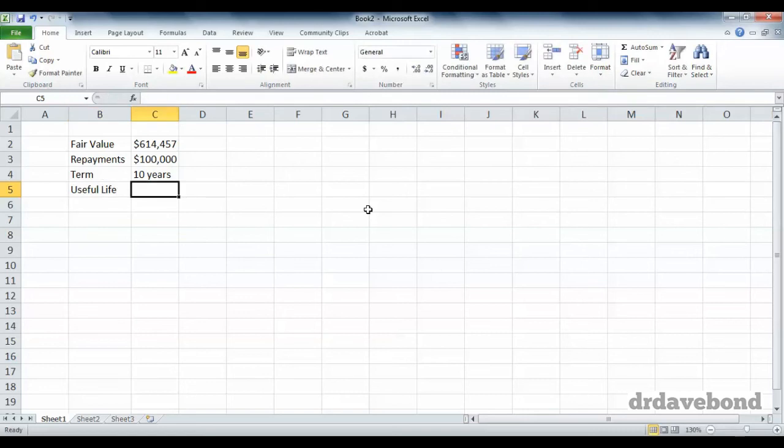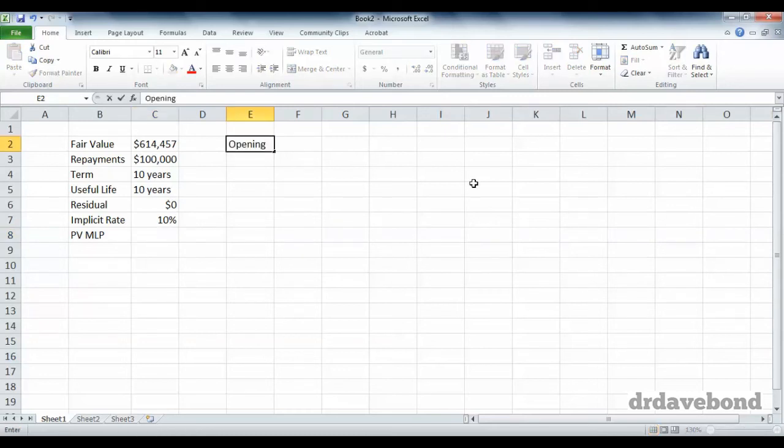The useful life is also 10 years, just to make life easy. The residual value is 0. The implicit rate of interest is 10%, so lots of 10s turning up in this. And the present value of the minimum lease payments we don't know at this point. So that's the information from the lease.